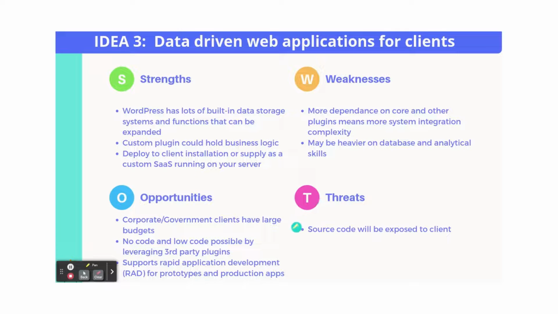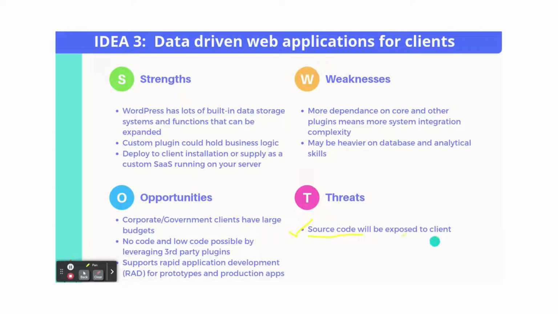Now, one of the threats, again, we're talking about open source stuff here, so you're putting a lot of investment into business logic and data handling and analysis and so on, display of data and so on. But if you are distributing this, your source code will be exposed to the client at a minimum.